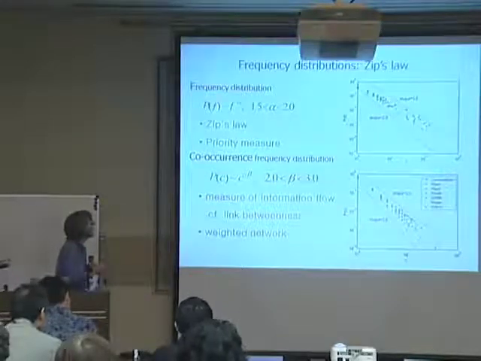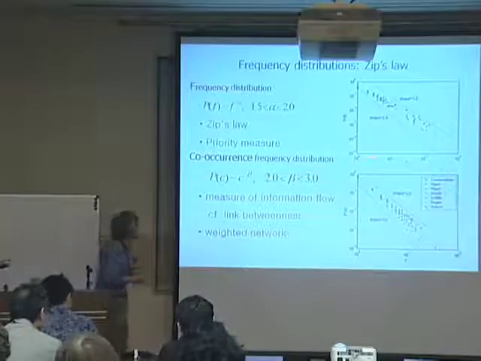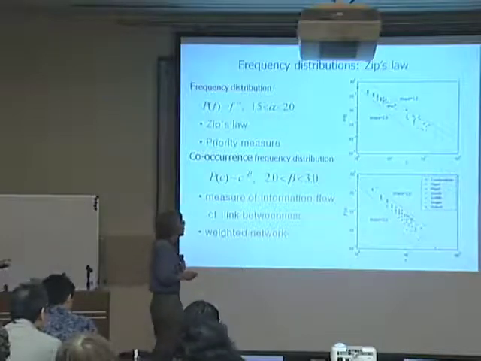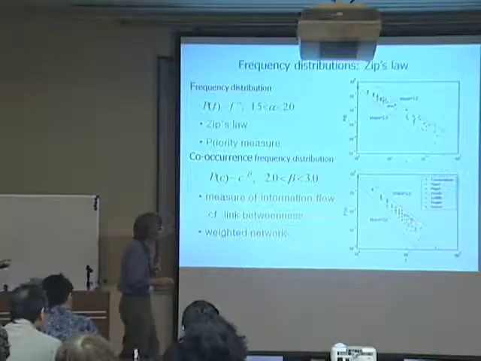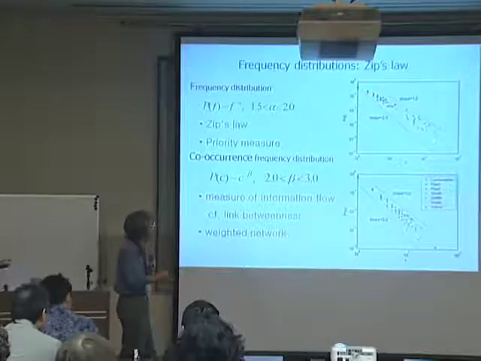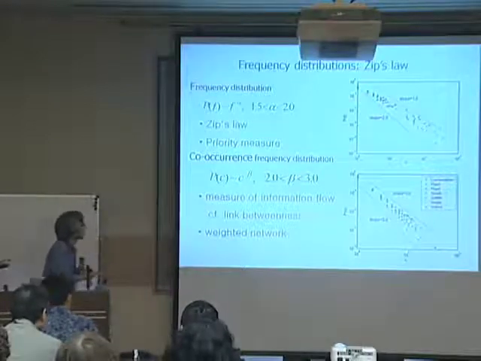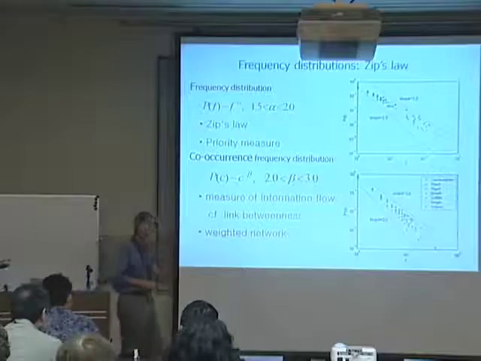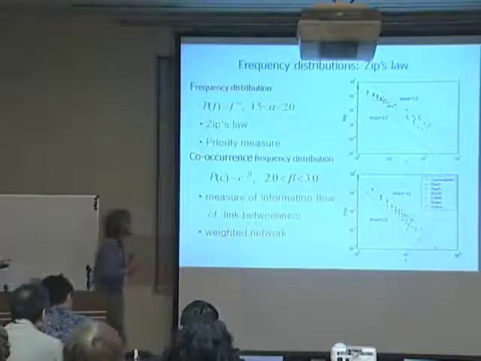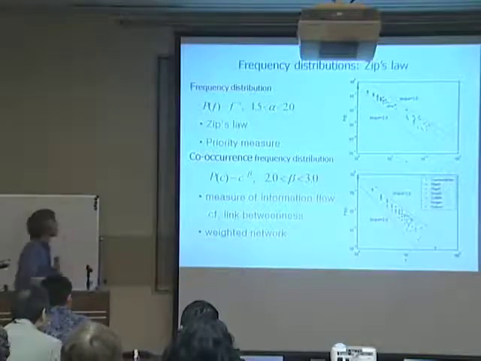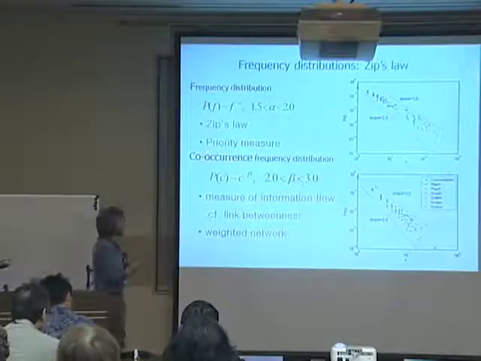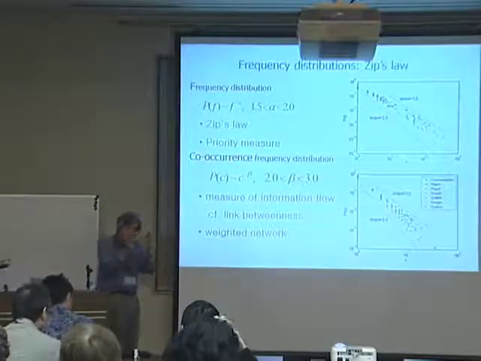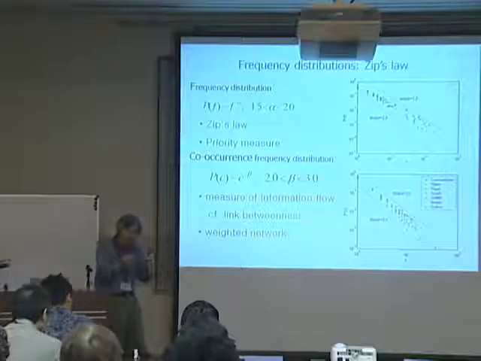First, by the frequency distribution. This is the frequency and this is the distribution. For the six textbooks, they all follow power-law behavior with an exponent around 1.5 to 2.0. So this is very useful. And also the co-occurrence, for example, of two physical terms.